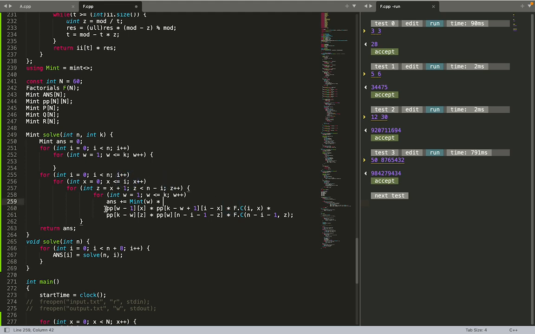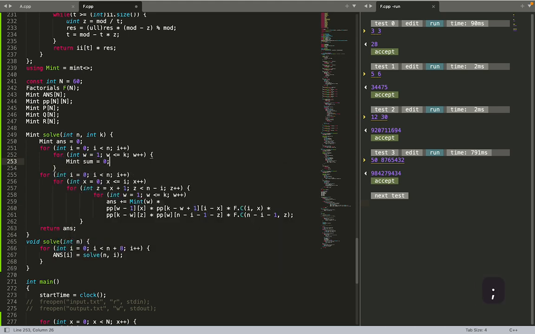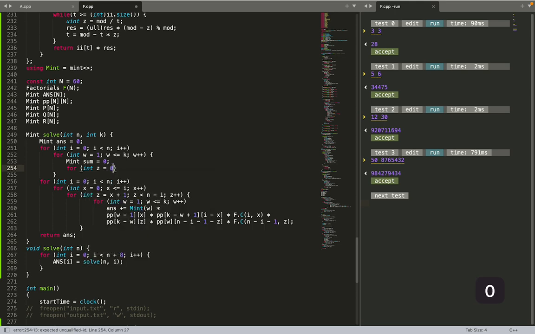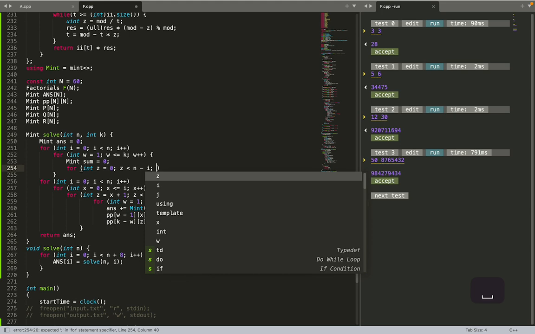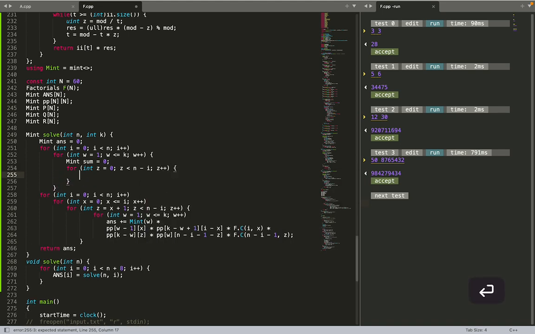We can sum only these things and then multiply by all of that. So let's maintain this sum. We will go over all z up to n minus i, not inclusive.